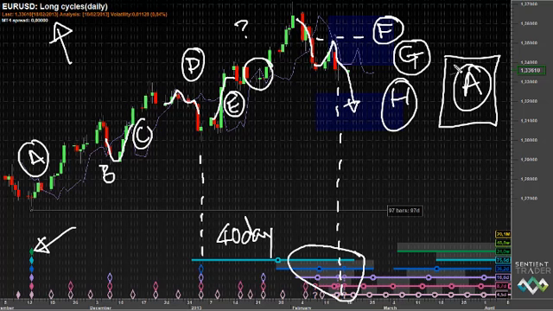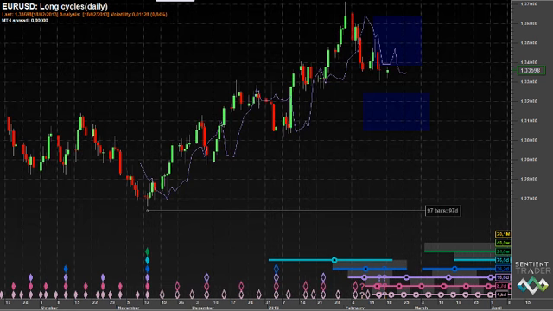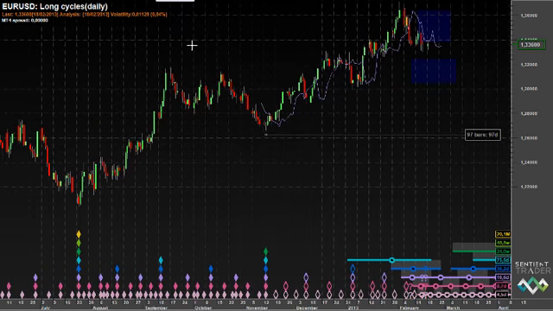Why? Because you normally see double GH category interactions when you have a lot of bearish pressure from the longer cycles. And as you can see, and let's just zoom out on this chart, there isn't a lot of bearish pressure from the longer cycles in the euro to US dollar, because, of course, we very recently saw the formation of an 18-month cycle trough over there.